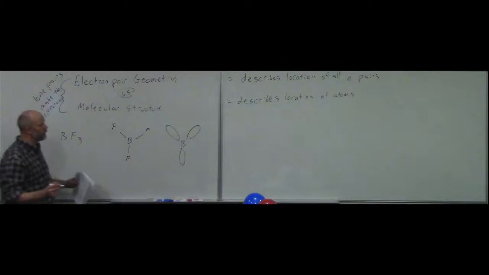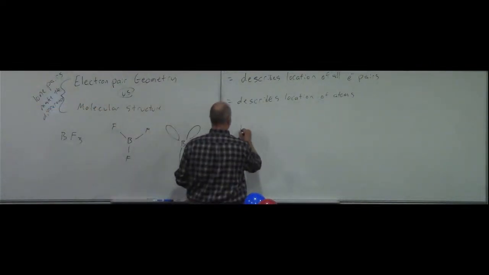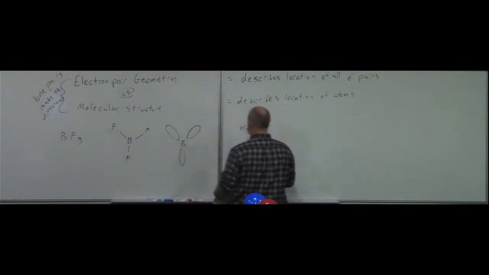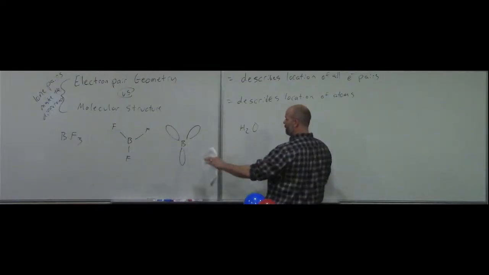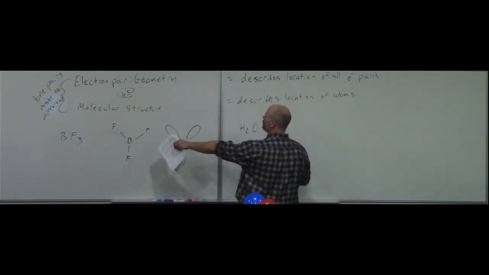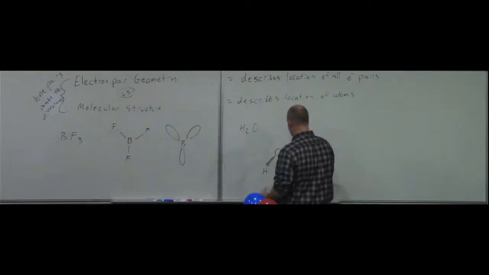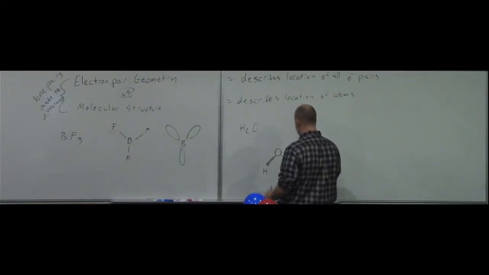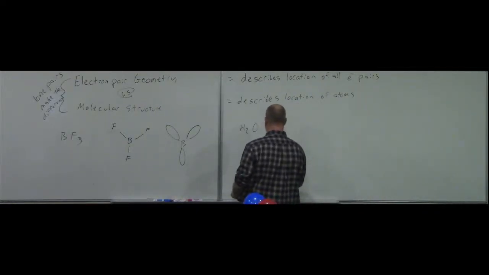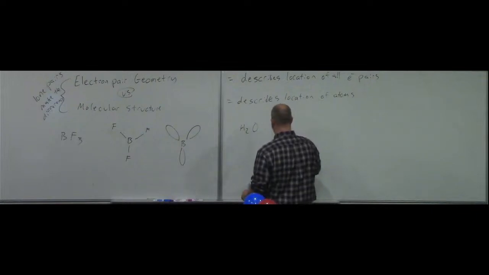But now if I do water as a molecule, let's start with water with its electron pair geometry. I've got a central oxygen. I've got it bonding with hydrogen, and bonding with another hydrogen. I've got it with an unbonded pair of electrons, and another unbonded pair of electrons.